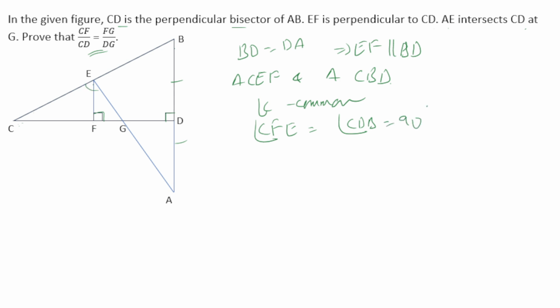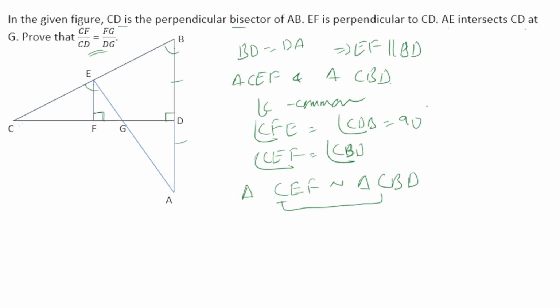And the third angles will be equal, so angle CEF is equal to angle CBD. See, the corresponding angles of these two triangles are equal, so these two triangles are similar. Triangle CEF is similar to triangle CBD. We have to write the correct order: angle C is equal to angle C, E is equal to B, and F is equal to D. These two triangles are similar.